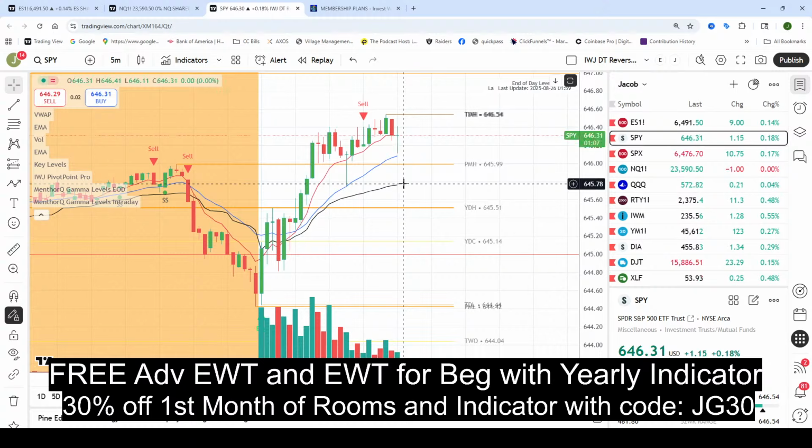I'd like to see the bears close this down near the 21. If they close it green, that's not a great sign. That's going to be that they failed the 8 for a second, tested the 21 and held, and then reclaimed the 8 immediately, and that is a bullish move.